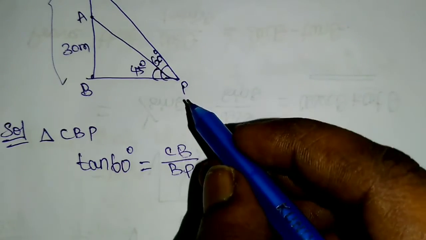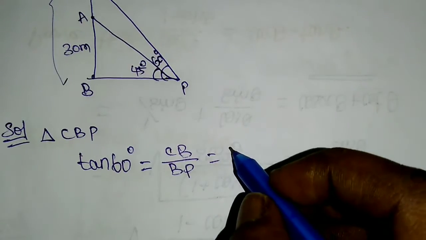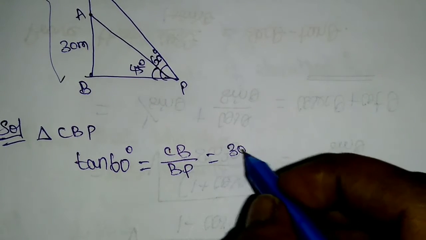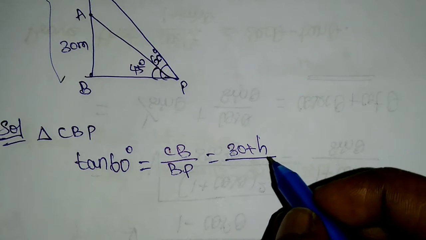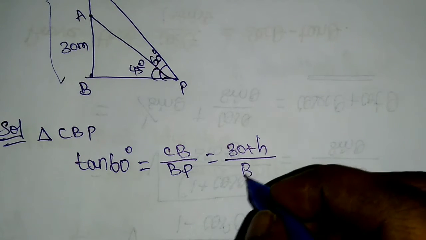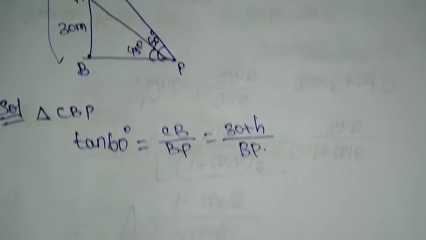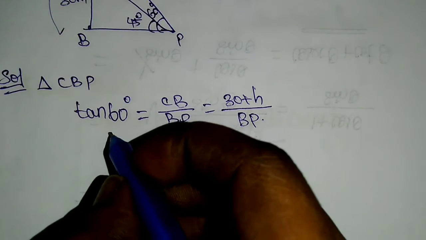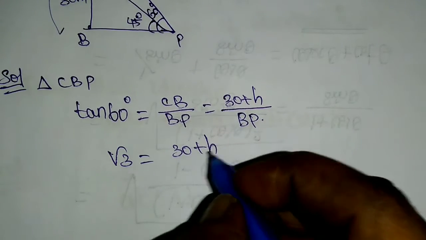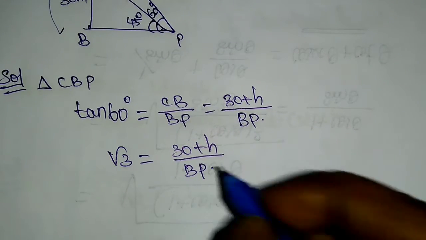Here CB is AC plus AB, so AC plus AB is equal to 30 plus H, divided by BP, which we have to find. So tan 60° is √3. So √3 is equal to (30 plus H) divided by BP.